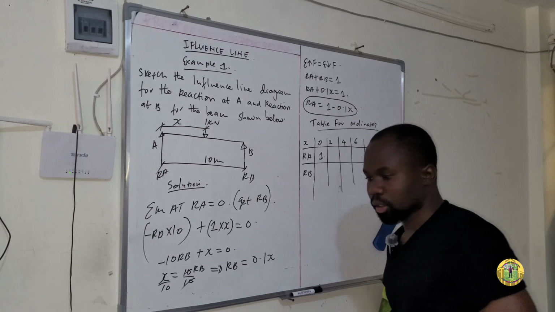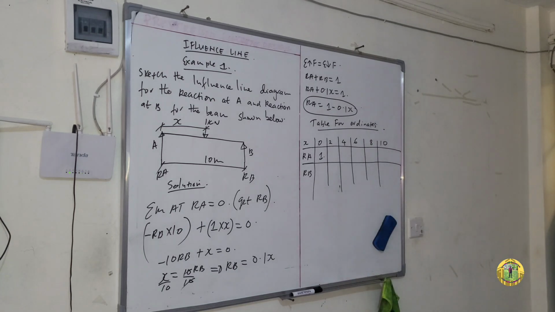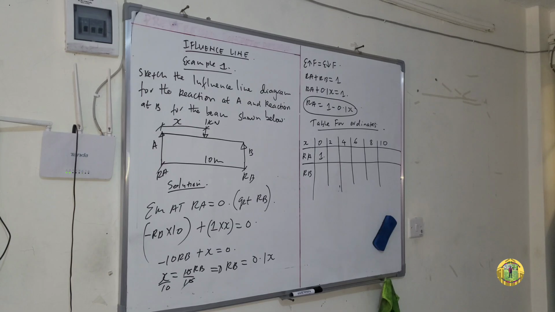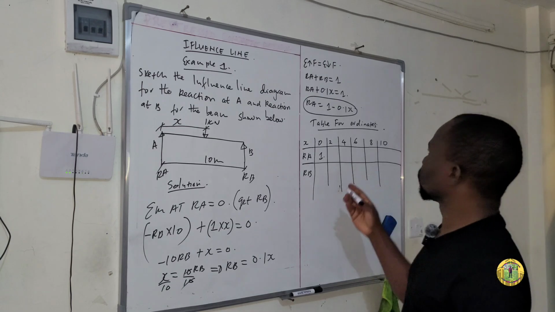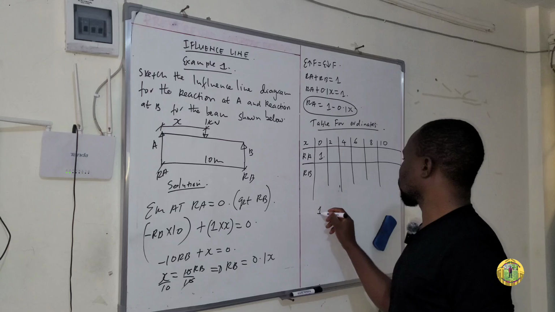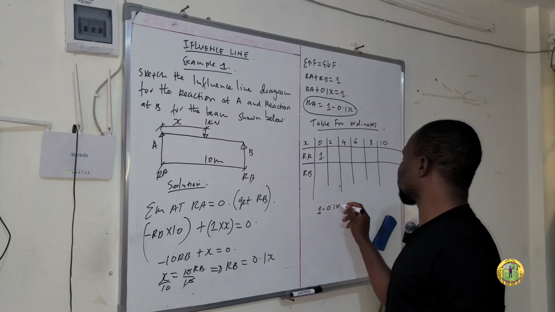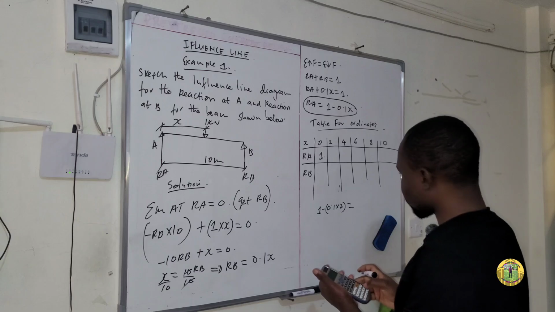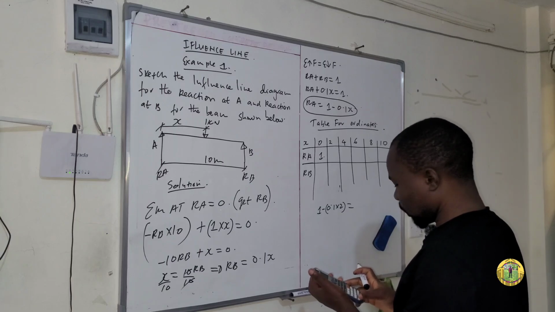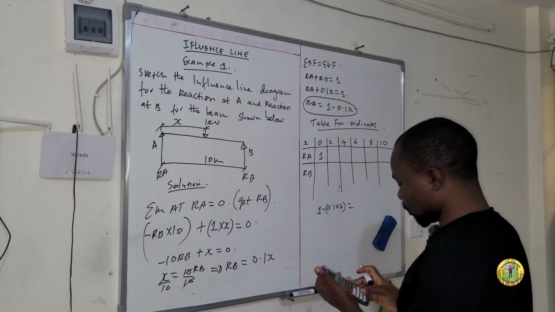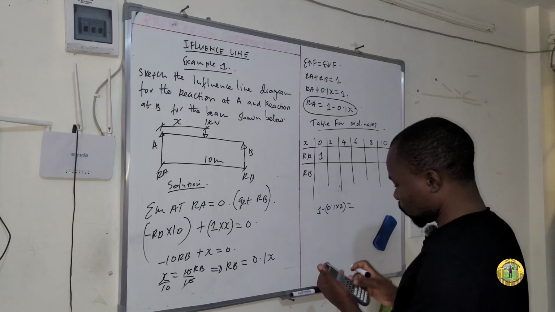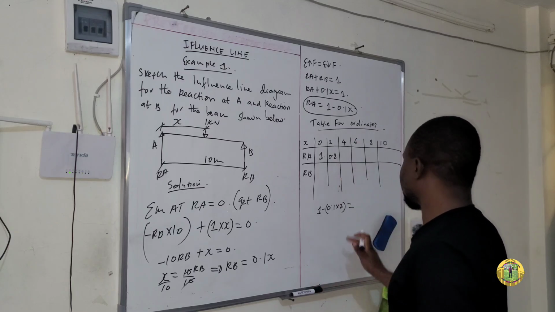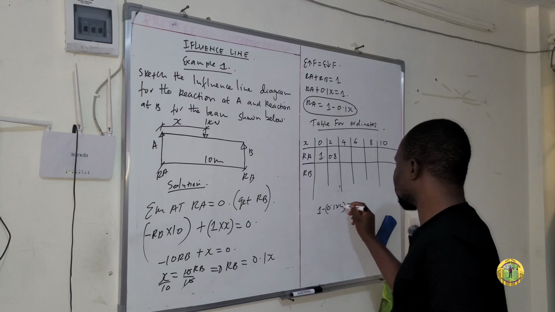And then let me use the calculator. You will come to 2. So for 2, you will take 1 minus 0.1 times 2. So you'll get 0.8. Then you come to this one, so you'll replace here with 4.